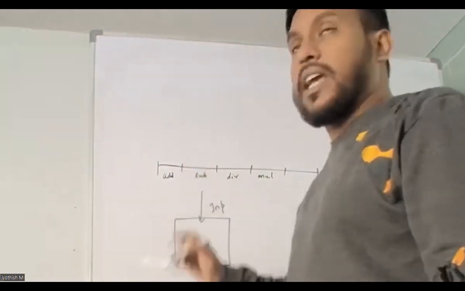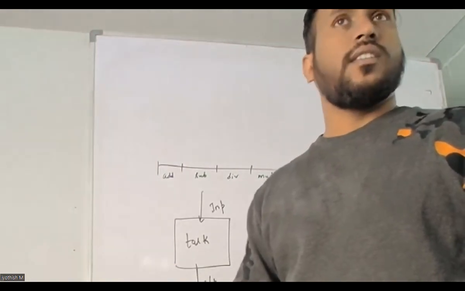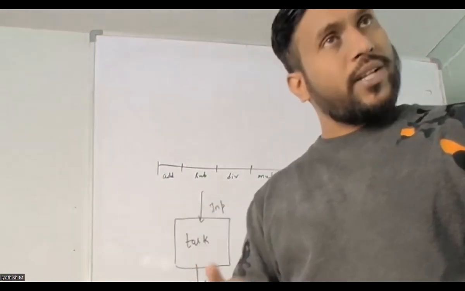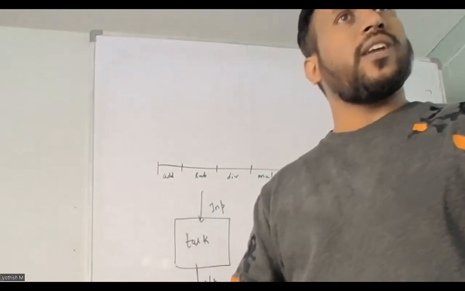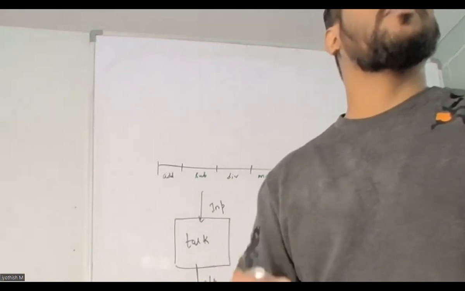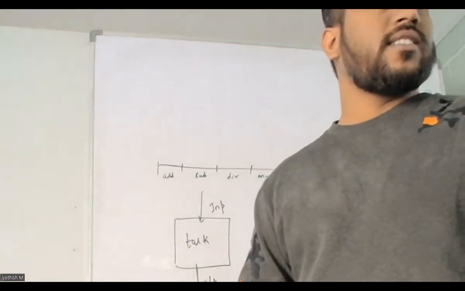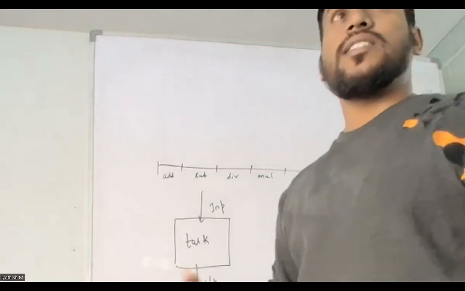In a calculator, 5 plus 2 gives 7, but you can give any numbers. That is called reusability. Methods are reusable.